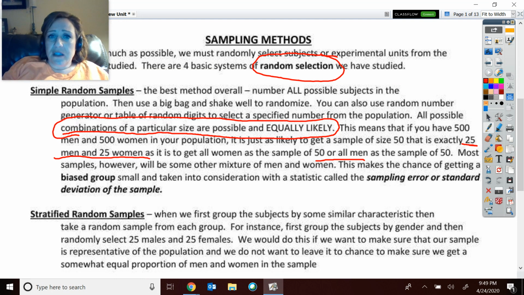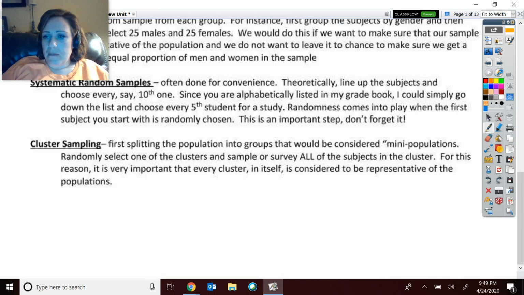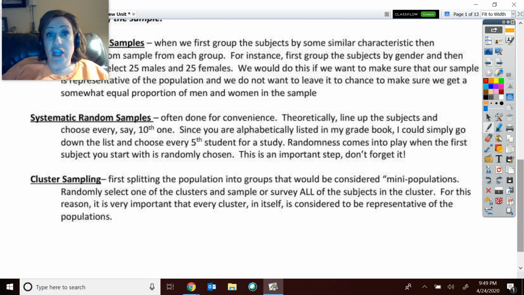It's a very small chance, and we might say that's a chance worth taking. We're going to go ahead and account for that. We could also address that when we do sampling distributions and the probability of getting a particular sample. All right, next, stratified, and then cluster.